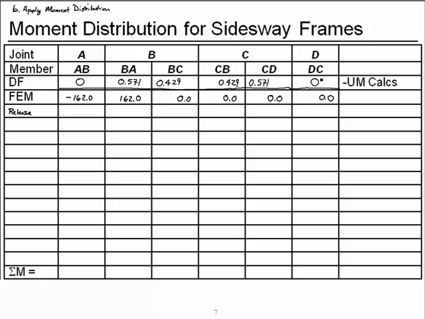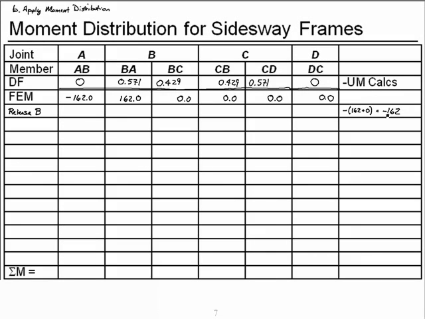Likewise, we won't need to release node D either. So let's go to B to start. We take minus the unbalanced moment, and our unbalanced moment is the 162 plus the 0. So we need to distribute a negative 162 foot kips.